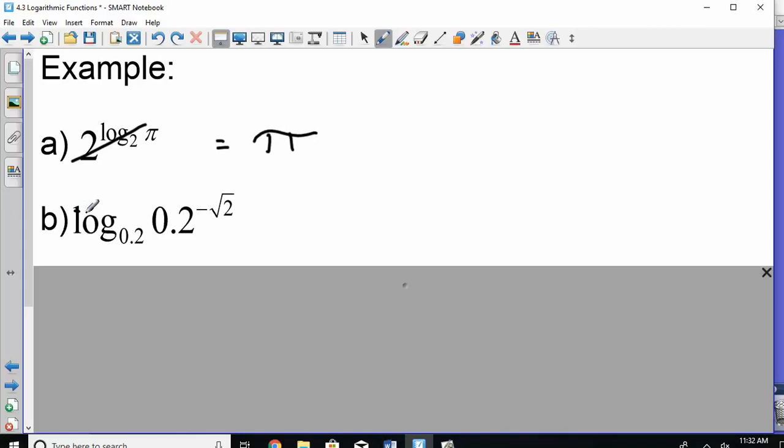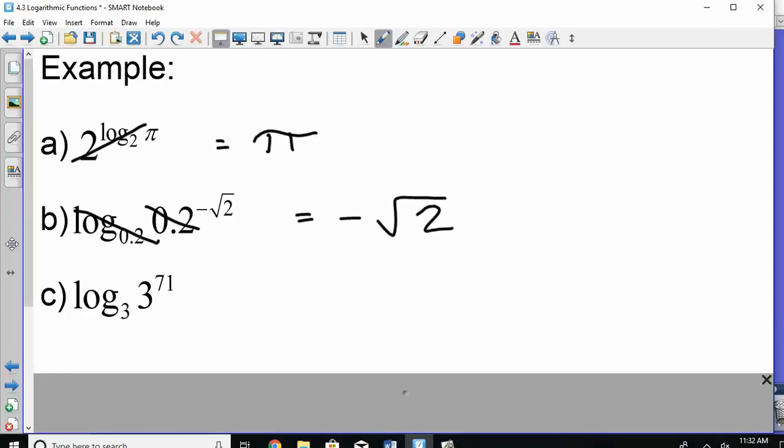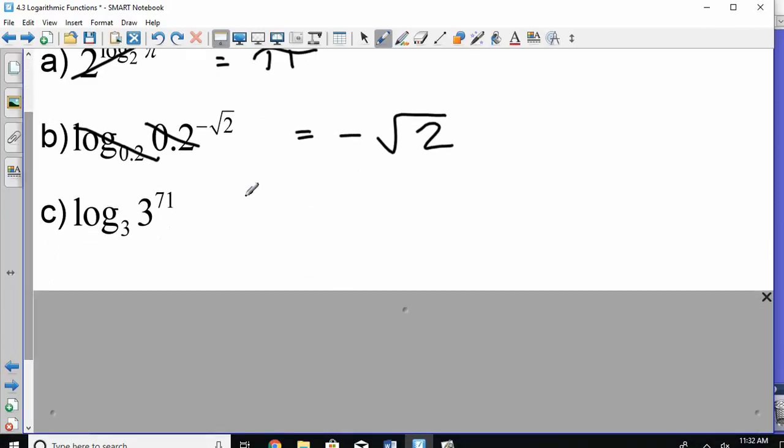The log base 0.2 and the 0.2 would drop out and we just get negative radical 2. So C, everybody tell me, what's that going to equal?